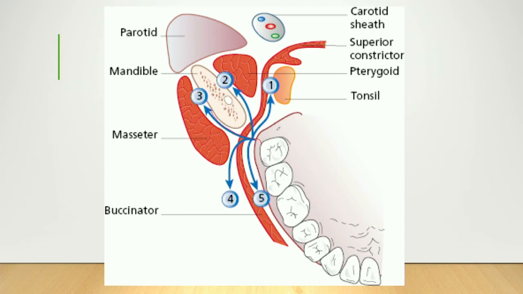You can get infections from the mandible come through and go between the fascial spaces between the ramus and the masseter. Therefore, if you have swelling or infection or edema in these areas, you're going to have trismus as it tracks through between the mandible and the masseter. So in answer to your question, yes, it's possible that an infected wisdom tooth could cause trismus.